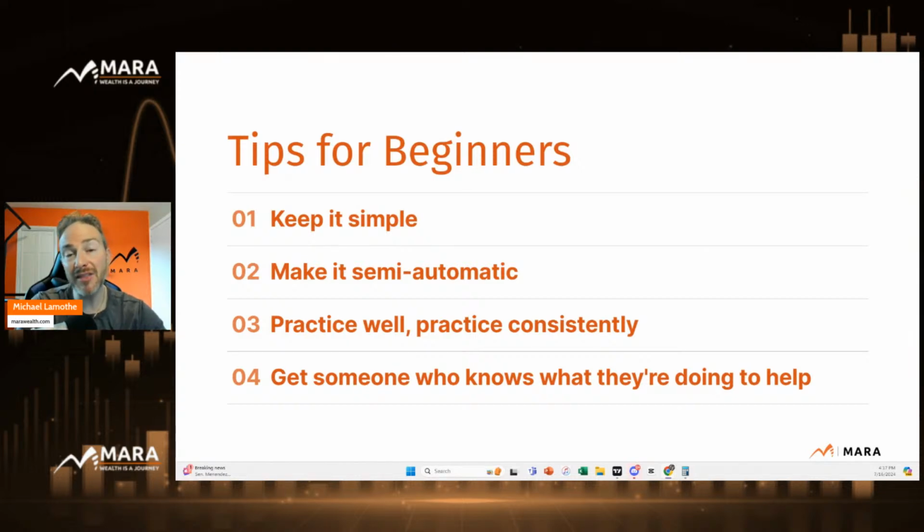Part of the magic that happens is you run the screens. So this is for point number two, making it semi-automatic. This is where you're running your screens, and that's helping you to filter real quick. You saw how quickly we did that just on this presentation. The next part of it is going through your list.